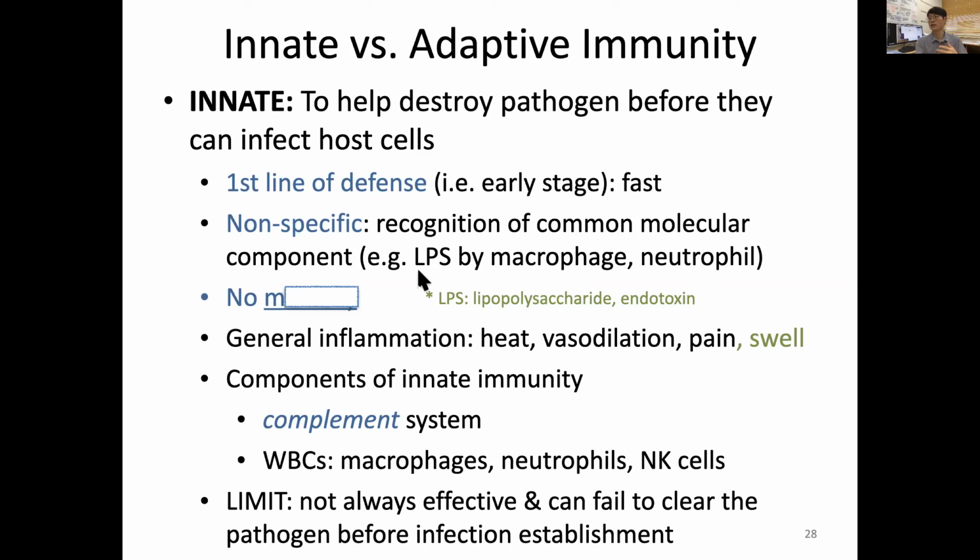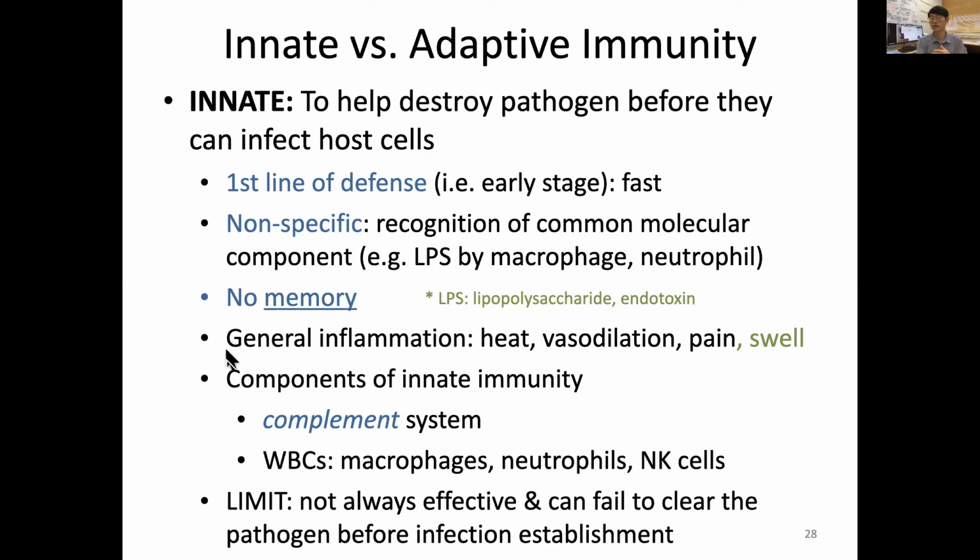In that regard, innate immunity does not have a memory, which means once you have an invasion from outside, you remember it so that we can prepare for future insults and in the future respond faster and faster. But innate immunity is irrelevant to memory.